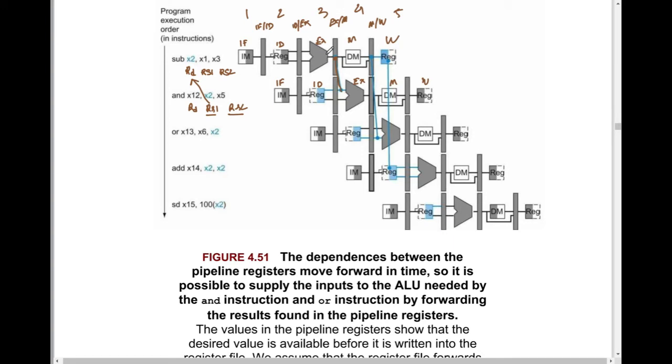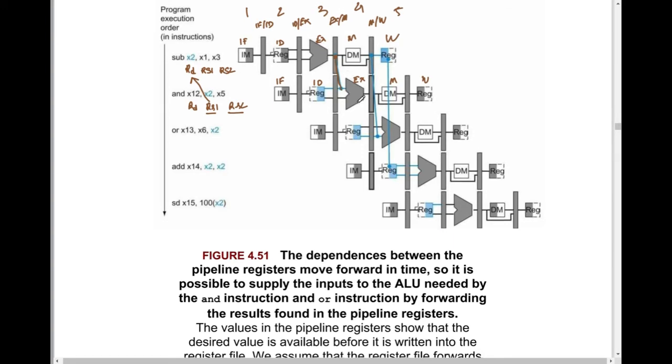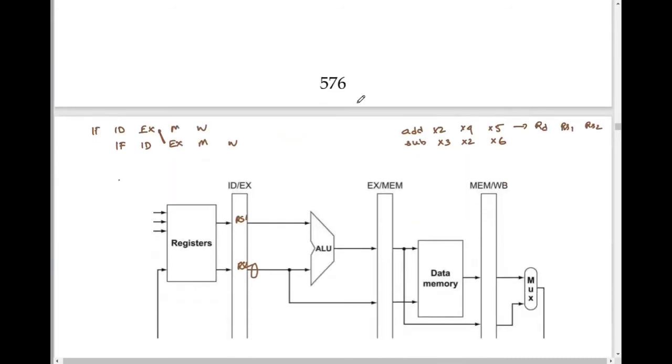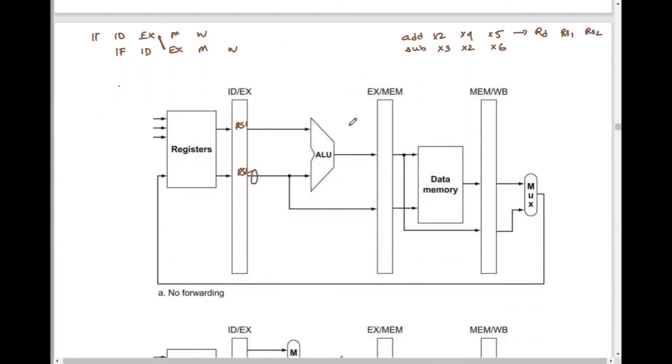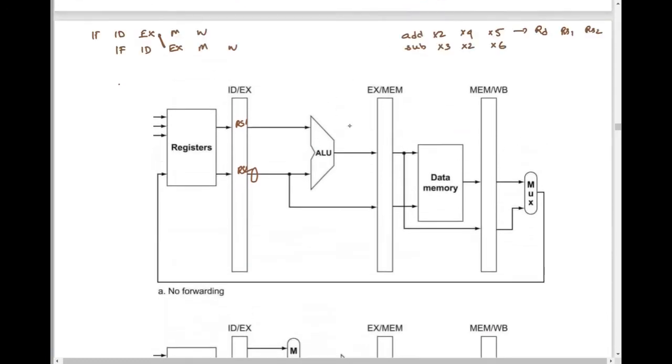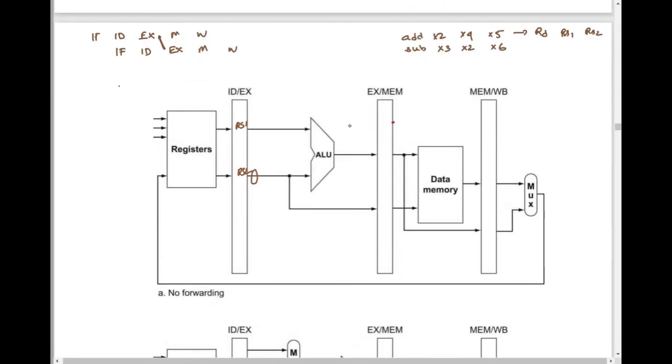So what does this line mean? If I go to this diagram again, this is the memory. So there must be a line from here to here, right?